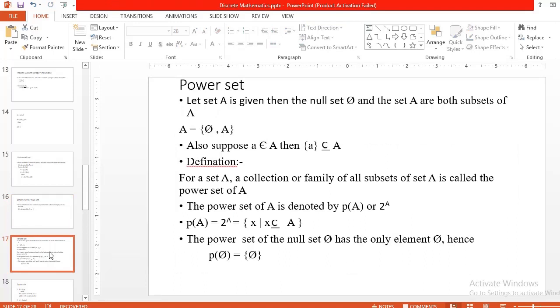Next, the power set. Let a set A be given.